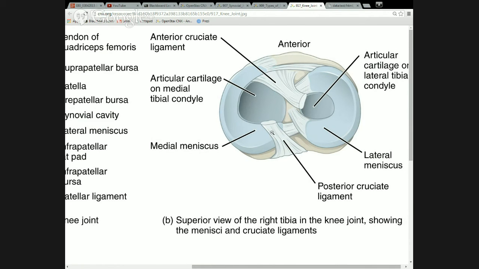Now, the point of these ligaments is really to make it possible for the two bones to stay upright.